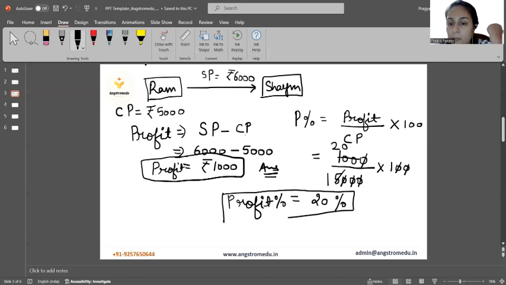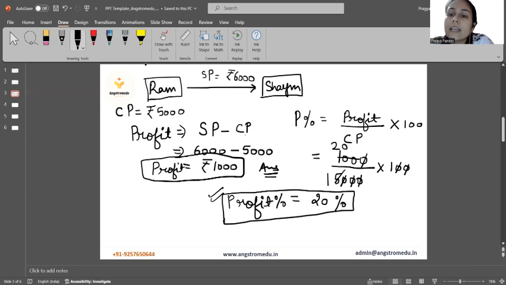So 20% profit he has earned from this transaction, in which the cost of that particular thing was 5,000 and he has sold it to Shyam at 6,000. Through this transaction he has earned a profit of rupees 1,000, or 20% profit in total. I hope this is clear.